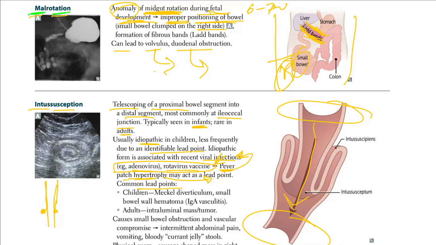Common lead points in children are Meckel's diverticulum and small bowel wall hematoma like IgA vasculitis. In adults, you have an intraluminal mass or tumor. So you have a tumor here. The intestines hold on to it, and while they're contracting, there's a telescoping of the proximal into the distal due to the mass or tumor. This causes small bowel obstruction.